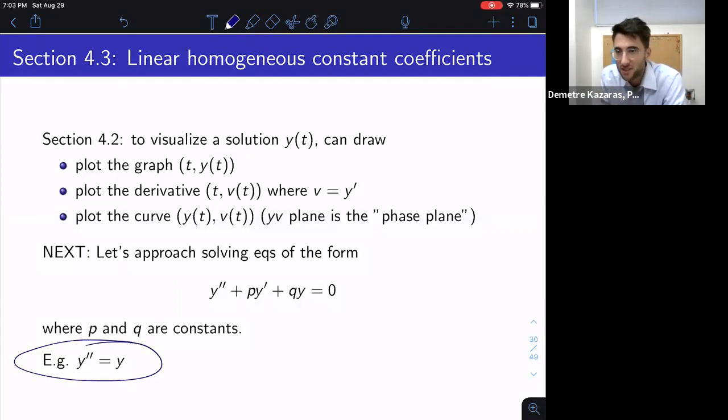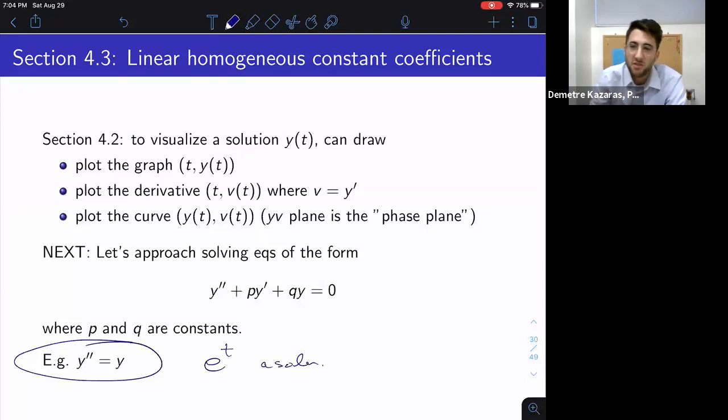Well, I know a function that has the property where you take two derivatives of it and you get itself back, e to the t. That's a solution to this equation. And we saw before we had a lot of exponential solutions to these equations, the e to the -t and e to the 2t. Those were solutions in that other problem.